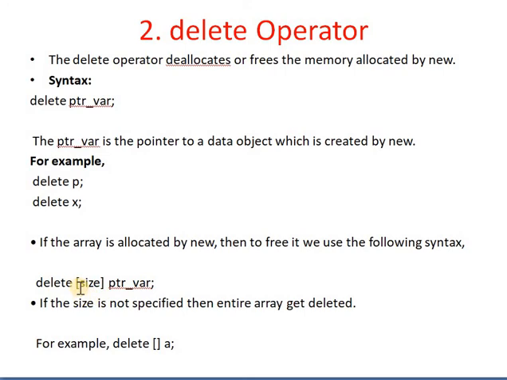If the array size is not specified, then the array is deleted by using the syntax delete square bracket a, meaning the array is deleted from memory. This is the delete operator. In short, there are two memory management operators in C++. First is the new operator, used for allocating memory, and the delete operator is used for deallocating or freeing memory.